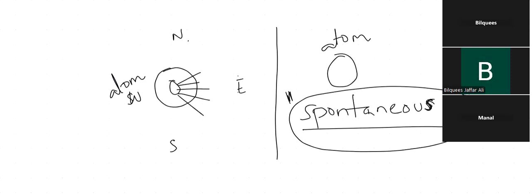So that's why radioactive emission from any unstable nuclei is considered random because of direction. Which nucleus is emitting radiation, I don't know, and in which direction it is emitting.